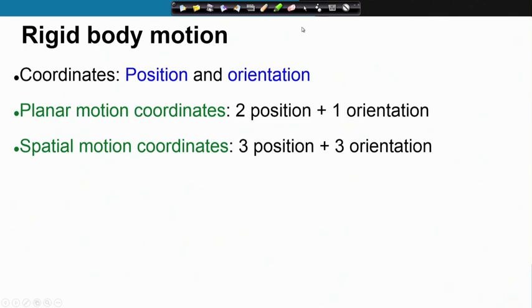For spatial motions, we require 3 position coordinates and 3 orientation coordinates.